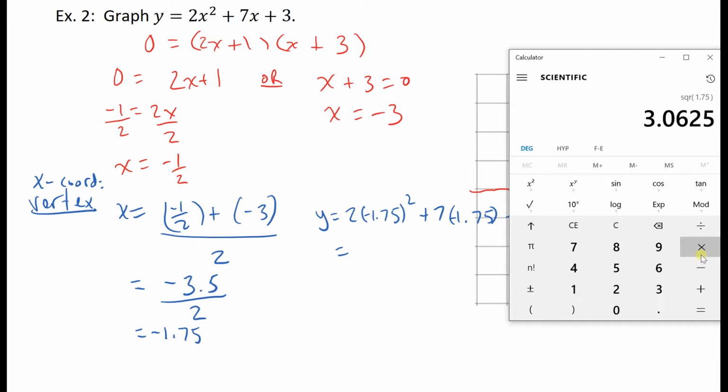That's multiplied by 2. And then we have to add 7 times 1.75 negative. And then there's still a plus 3.